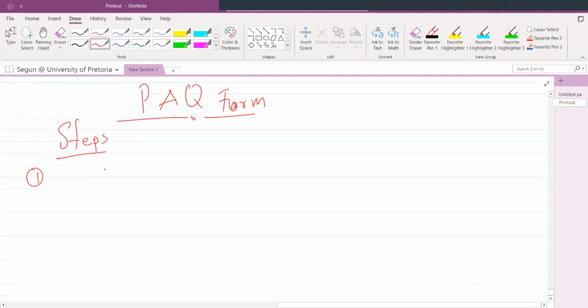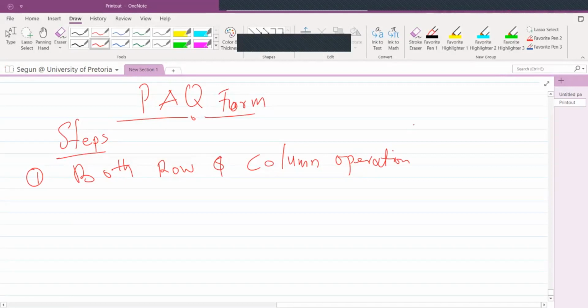Number one, steps are the both row and column operation are allowed.